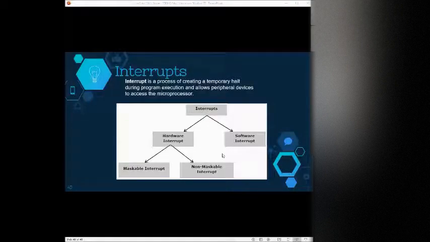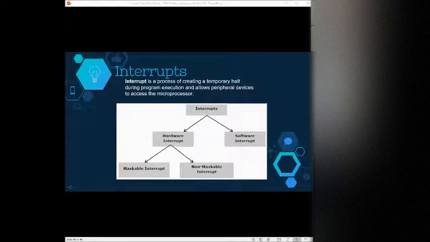For the maskable interrupt, when this interrupt is activated, these actions take place. Number one, complete the current instruction that is in progress. Then push the flag register values on the stack. Then push the CS, the code segment value, and the IP, the instruction pointer value of the return address, onto the stack.